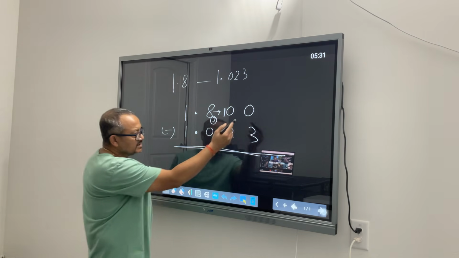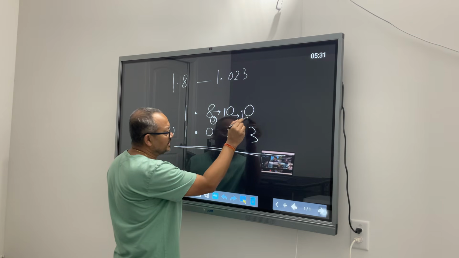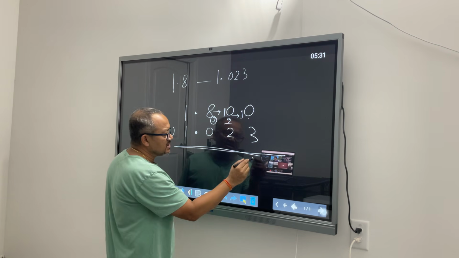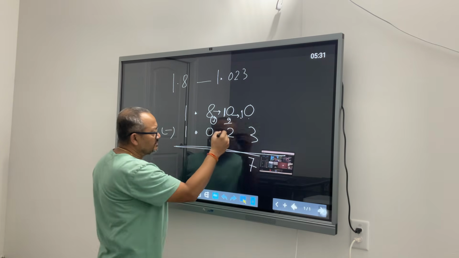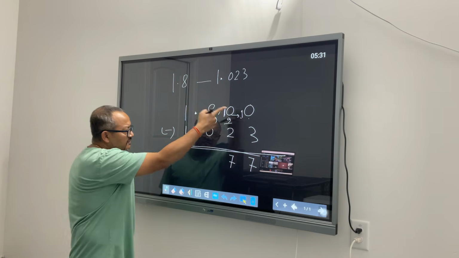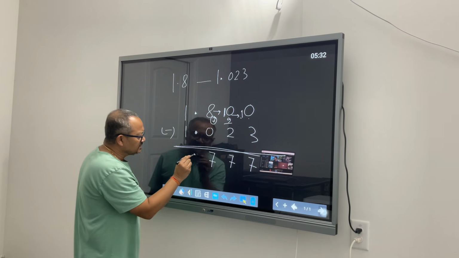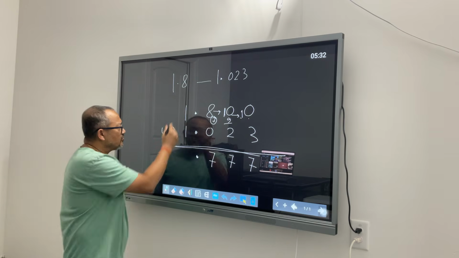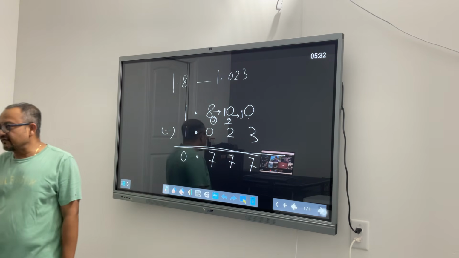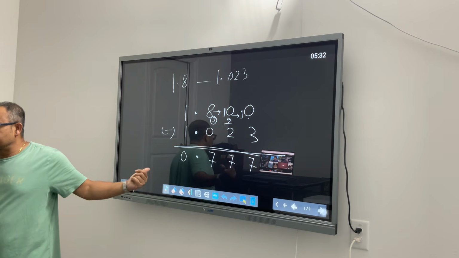Now, this one is trying to borrow, so 10 gives 1 to this one. So this is 10 now, and this became 9. So 10 minus 3 is 7. 9 minus 2 is 7. And this 8 had become 7 after giving 1, so 7 minus 0 is 7. I will just write the decimal here. 1 minus 1 is 0. 0.777. Yeah? Anika, does this make sense, better?